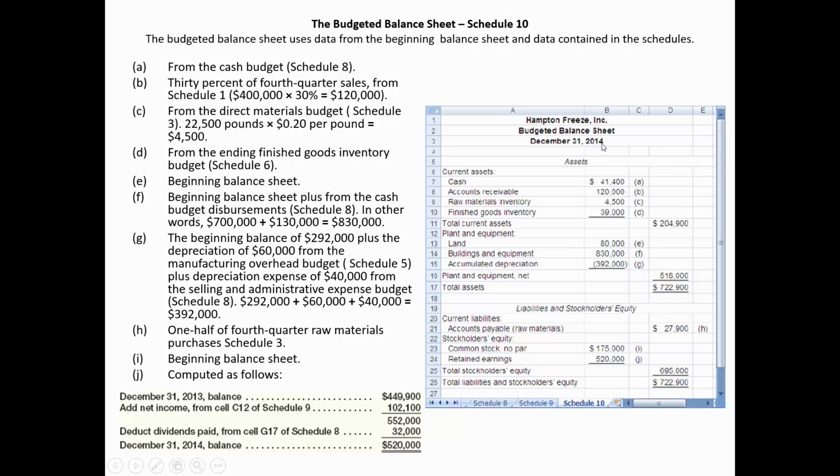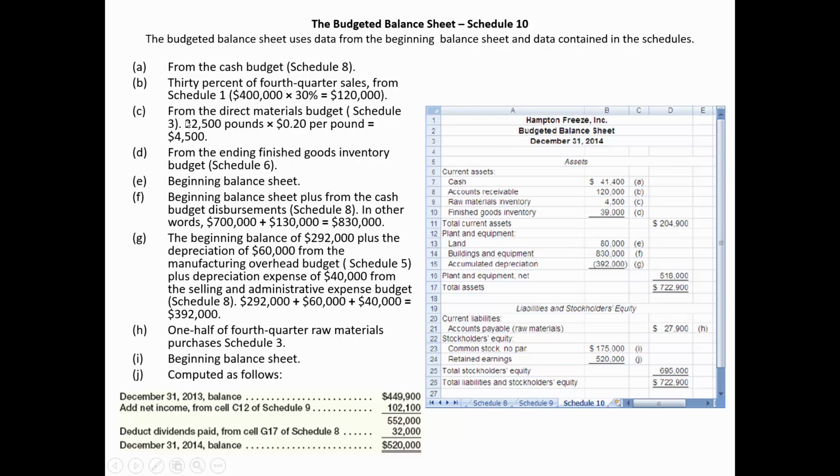For 2015, we're preparing this as of December 31st, 2014, so we need to look ahead to 2015. We know that we aren't going to collect that last 30% of the ones that we're going to sell in the fourth quarter of 2014 until 2015, so we have to include that as what we're expecting to collect in 2015.